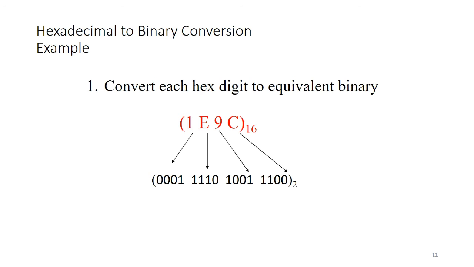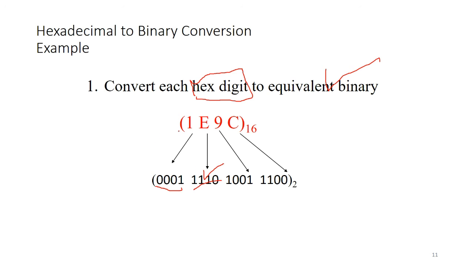So hexadecimal to binary conversion is just the opposite way around. First we have to convert each hex digit to its equivalent binary. So as you can see, this hex number was given as 1E9C. So 1 can be written as 0001. E has a value of 1110.